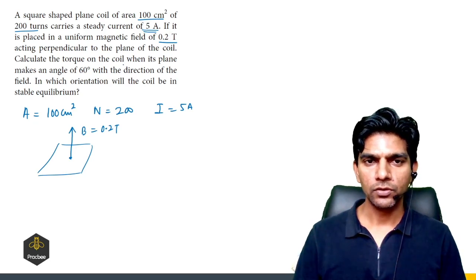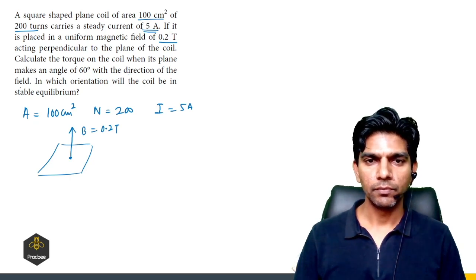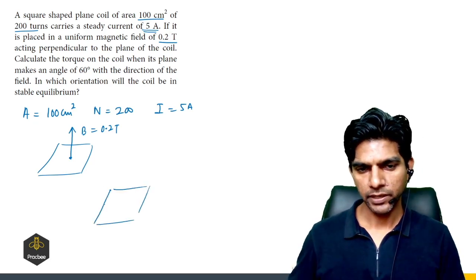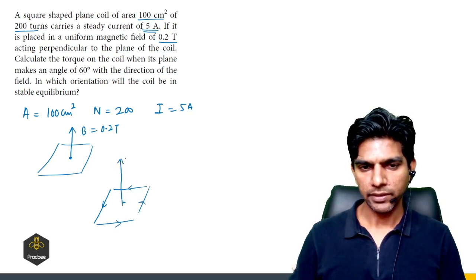Calculate the torque on the coil when its plane makes an angle of 60° with the direction of the magnetic field. So if this is the coil, and let us say this is the current, then this will be the magnetic dipole moment.